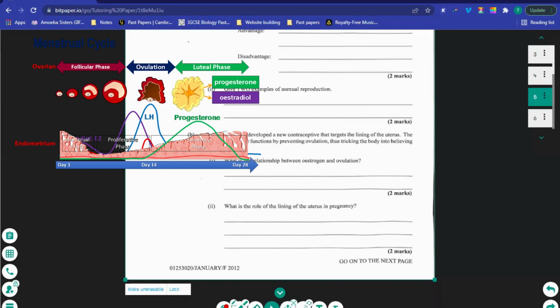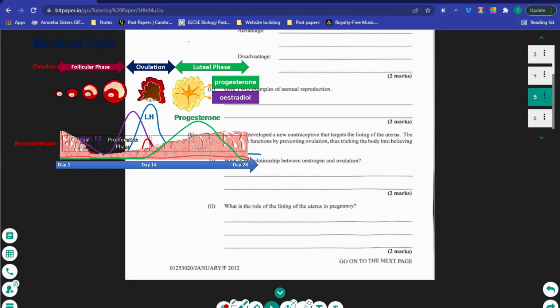Researchers have developed a new contraceptive that targets the lining of the uterus. The old contraceptive functions by preventing ovulation, thus tricking the body into believing that it is pregnant.